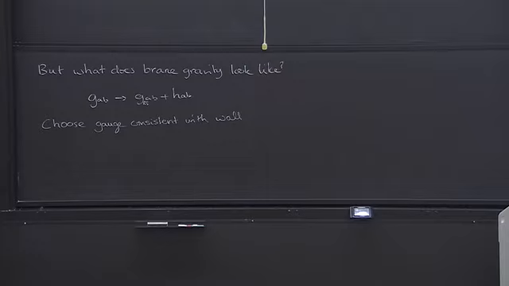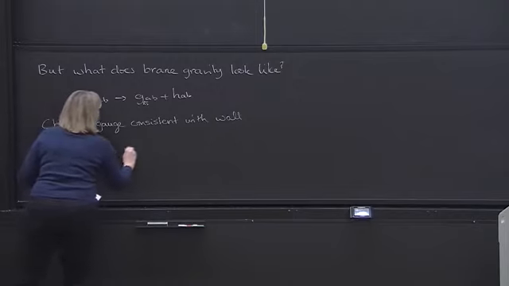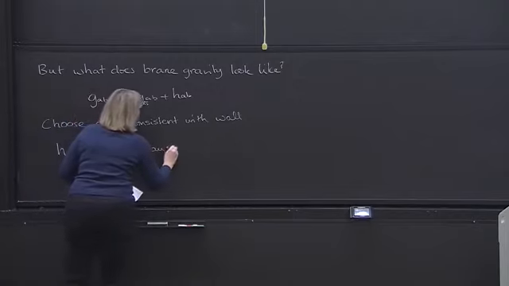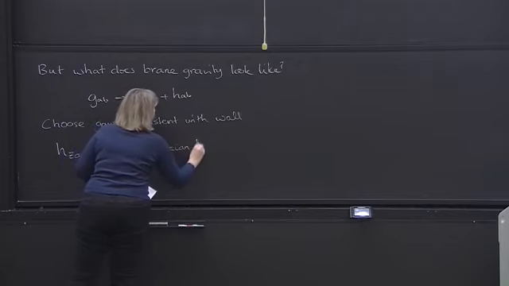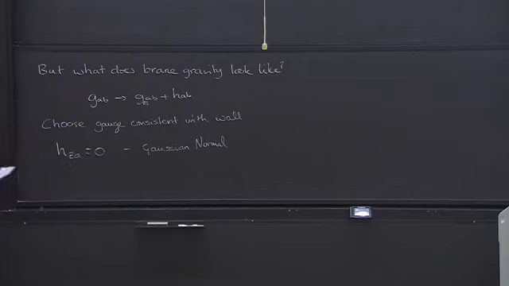Yes. In fact, it's called Gaussian normal as a gauge. So the gauge is h_zA equals 0, and it's called Gaussian normal. The reason for doing it is simply that it mirrors the physical system we've got.